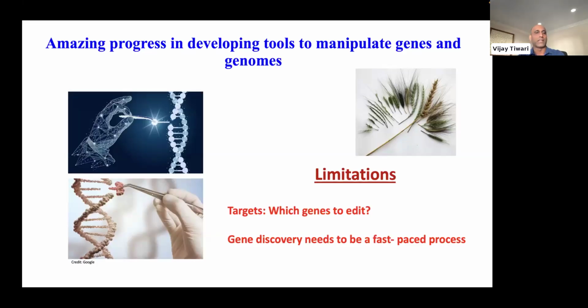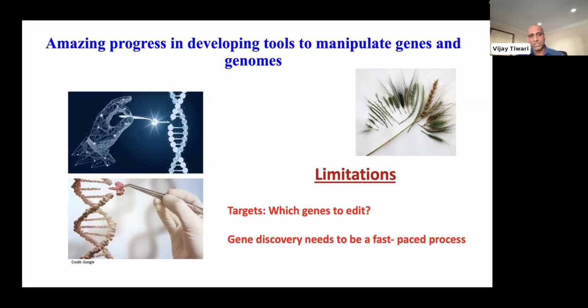But at this point, I think we also need to think about developing some cool tools. The arrival of gene editing tools and other modifiers and sequencing populations have helped in looking at the genome wide and in creating precise genetic variation in wheat. So we can say that we are doing pretty good with the tool development, or tools that can manipulate genes and genomes, but still we have a lingering limitation.